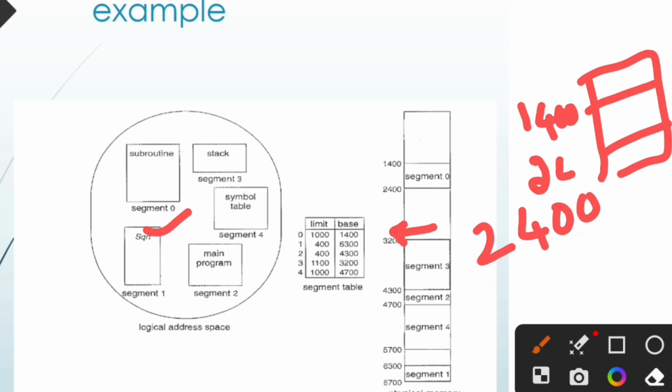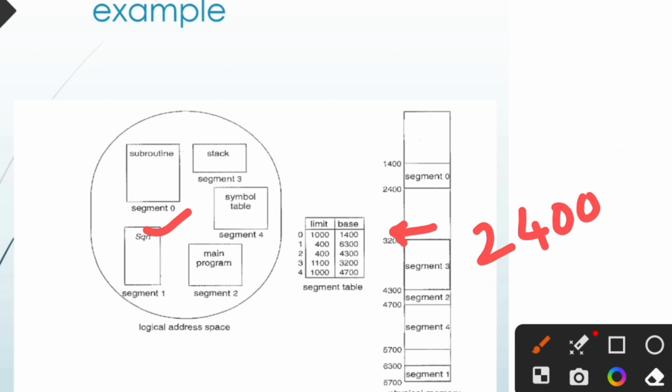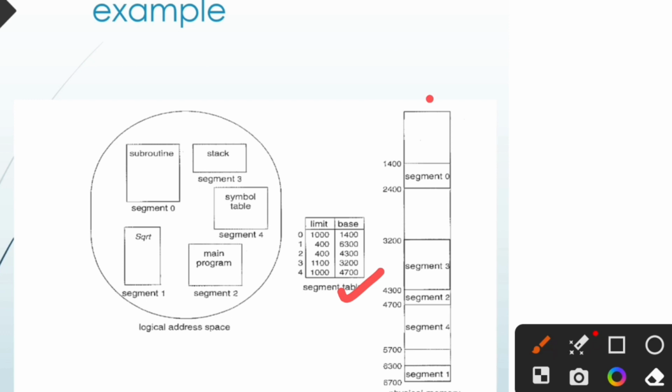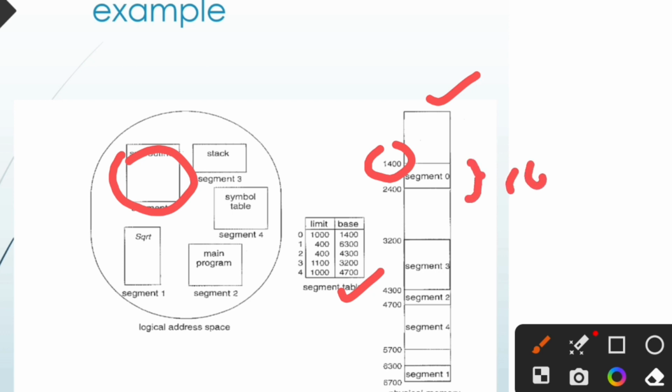Here we can see an example. We can see the segmentation table and the physical memory here. Let us take segment 0. The base is 1400, so in main memory, segment 0 will start from 1400. We can see in main memory, at location 1400, segment 0 is starting and the limit is 1000, meaning the length of the segment; 1400 plus 1000 is 2400.